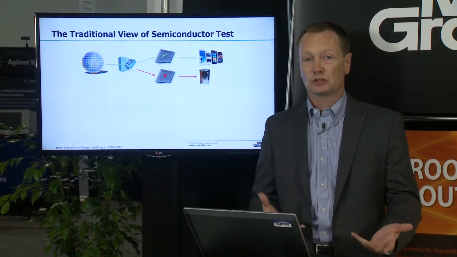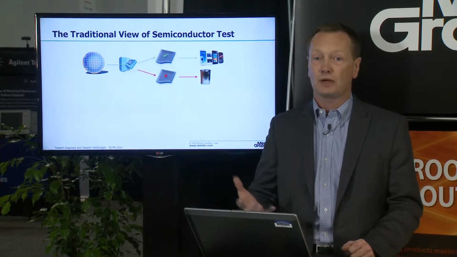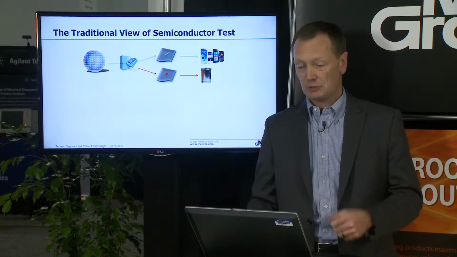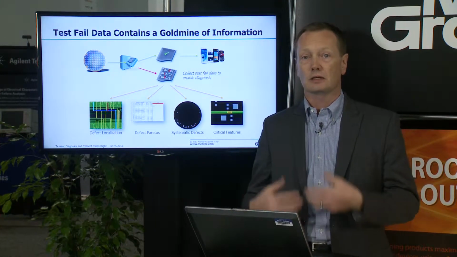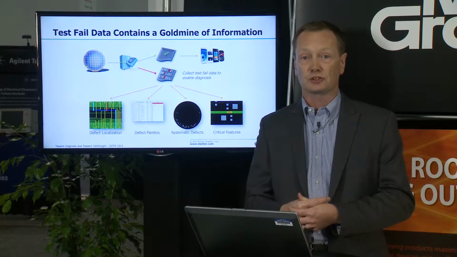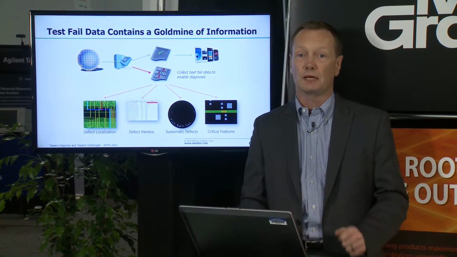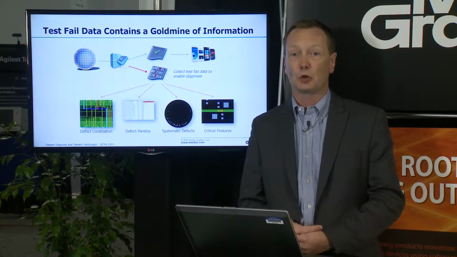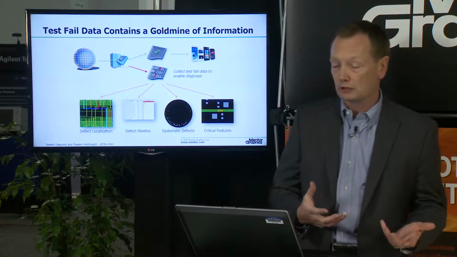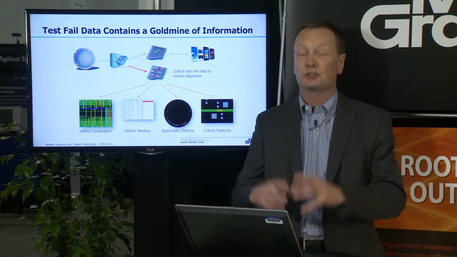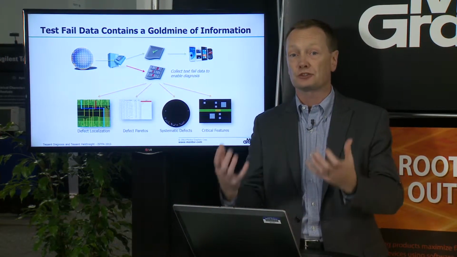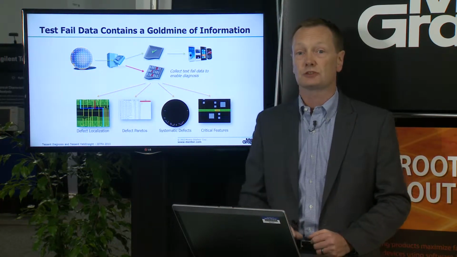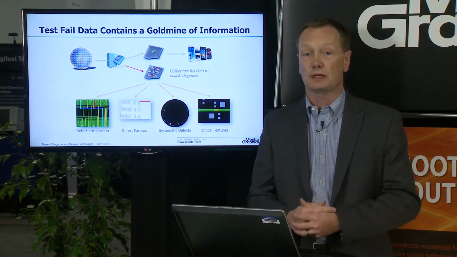Traditionally, test has been about pass-fail, about determining which devices we can ship to customers. But it turns out that the fail data from these failing devices contains very valuable information that we can use to understand where these defects are located, but also, maybe more importantly, to understand the big picture, what's really going on, what the systematic defects are, and what critical design features we want to be able to analyze.